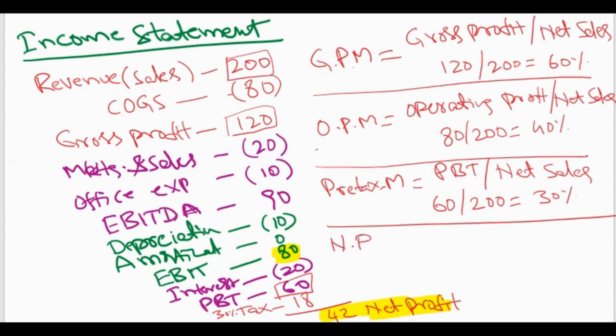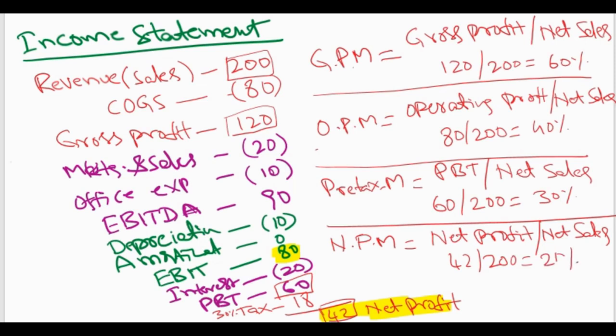Net profit divided by net sales. All are divided by net sales only. Net profit is 42, so 42 divided by 200 equals around 0.21, so it is 21%. This is how we calculate these margins.